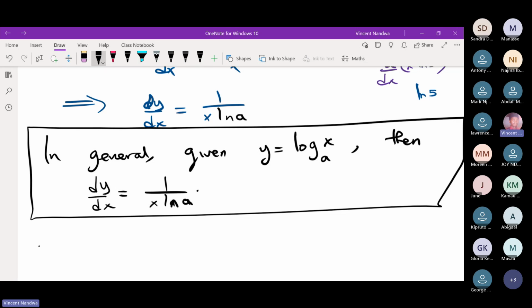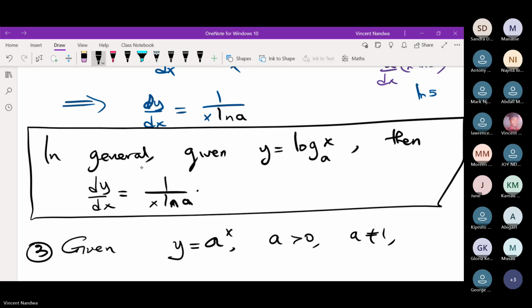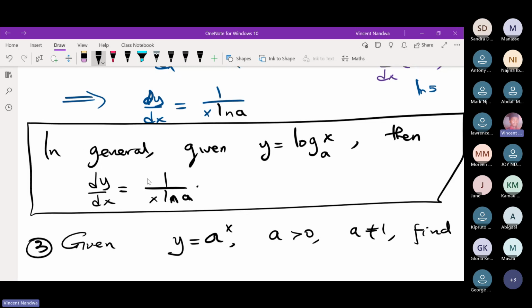Then activity number 3. Given y is a power x, a is positive and also not 1, find dy dx.